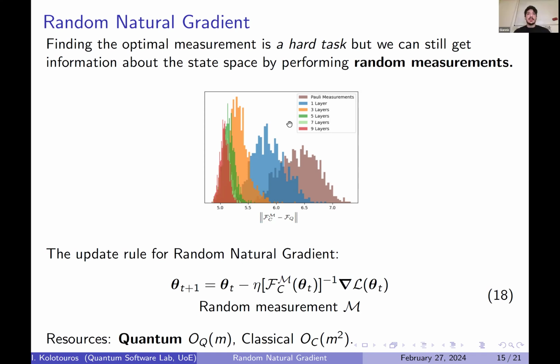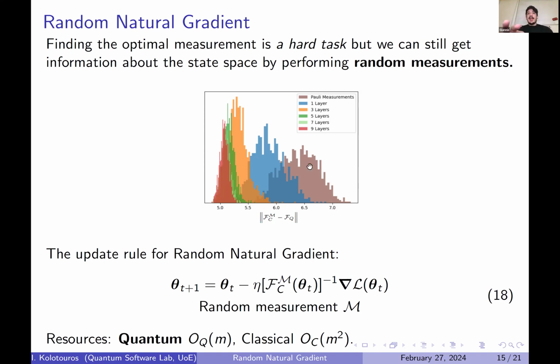Okay, let me explain. Everything in my simulations is exact. So I have the exact state vector in all of my experiments. So what you do here is that every point in the histogram is a different type of measurement. So let's go to the right one on the Pauli measurements.